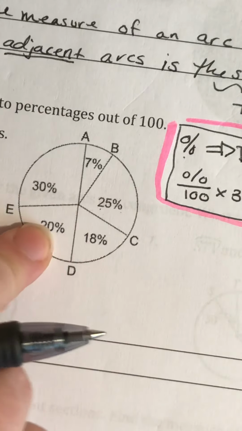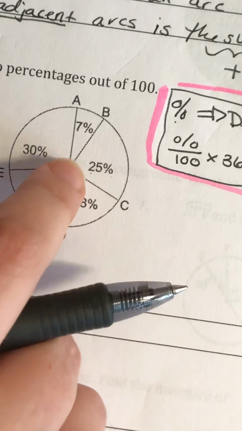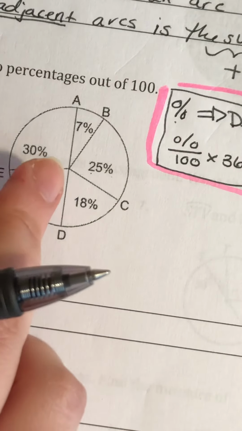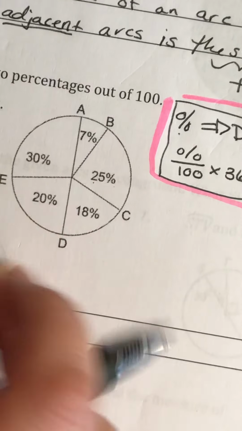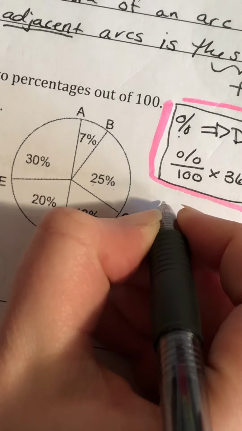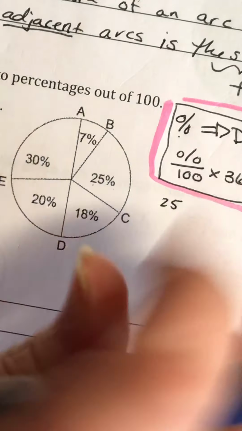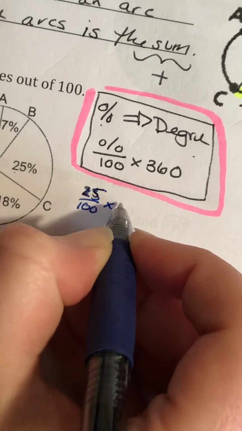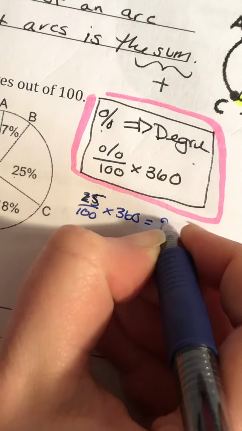So let's put all of these pieces together and then we can find the sums. 25%. Without thinking about it, you might be able to think 25% is a quarter. So what's a quarter of 360? What's a fourth? It's 90. But we can do 25 divided by 100 times 360, you put that into your calculator, you're going to get 90.